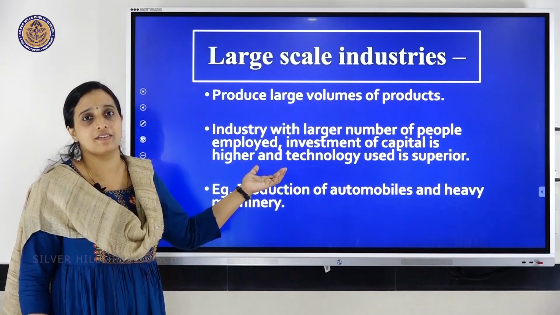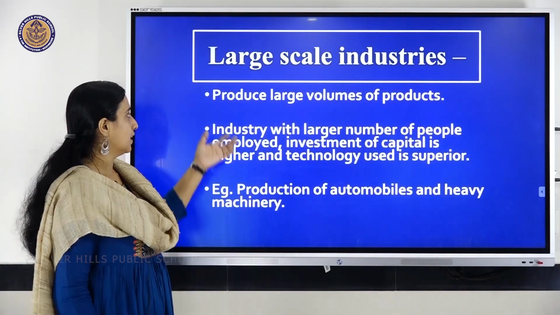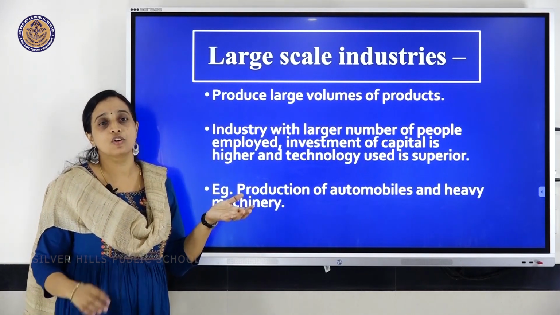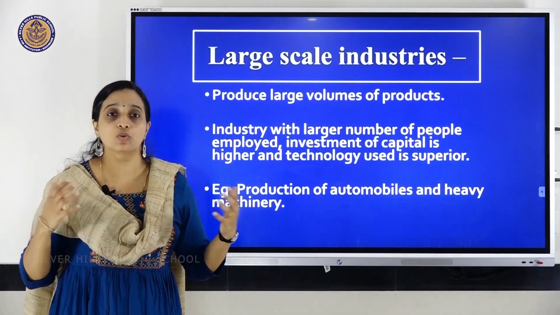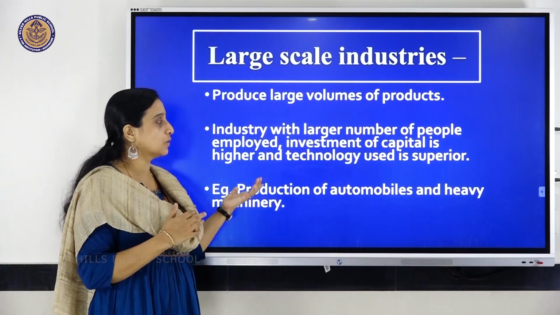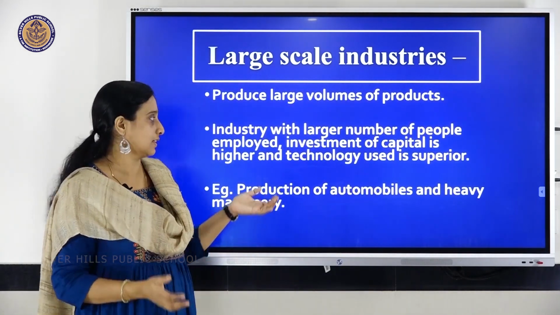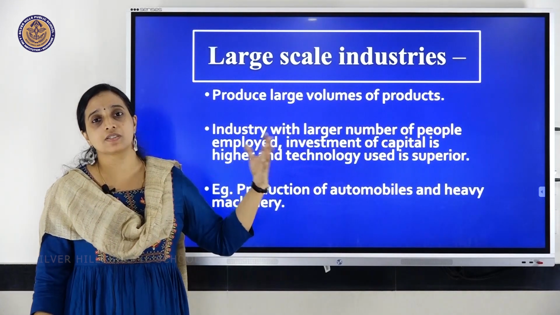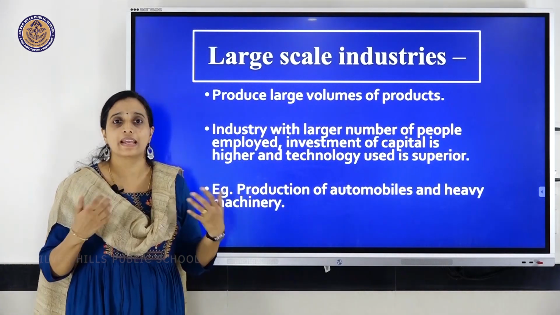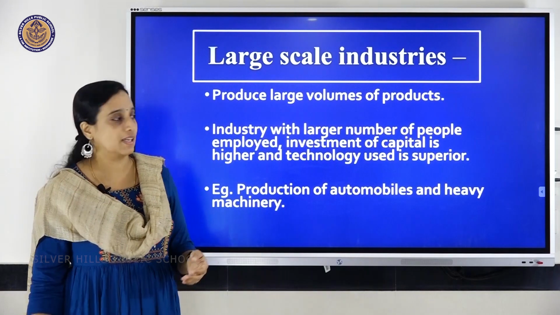The next one we have is large scale industry. Here the volume of product, the output, will be much larger. The capital used here will be more, and the technology will be much more advanced. The laborers working here are also more in number compared to small scale industry.